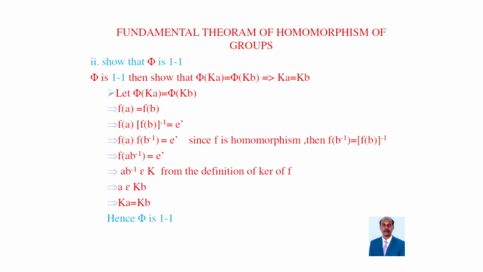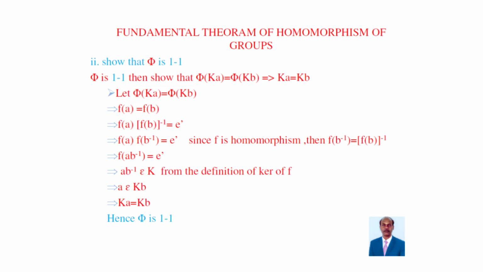So this implies f of a equal to f of b. Then we bring f of b to the left hand side, so f of a into f of b whole inverse equal to e', that is the identity element.